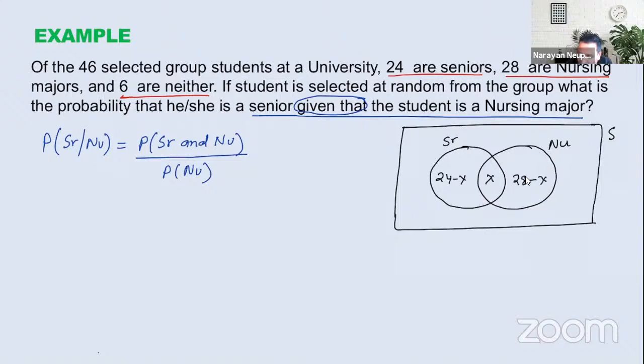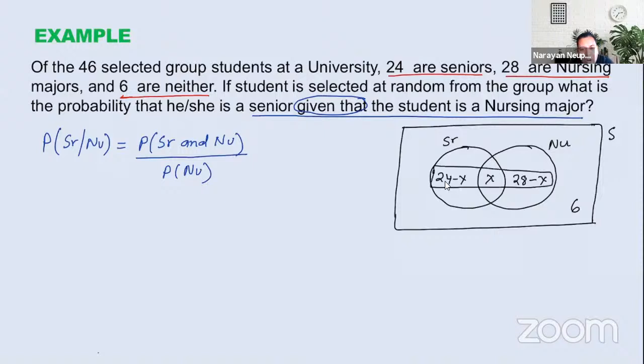And then we already know that 6 students are neither. That is, they are not senior, they are not nursing. So 6 students would be outside. Out of 46 students, 6 students are here, and the remaining students are right here.